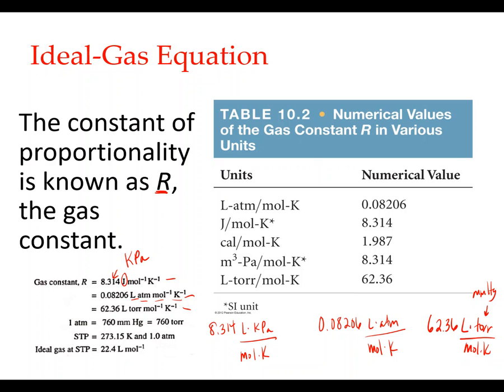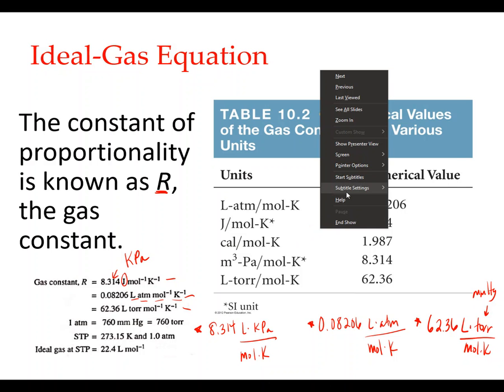Anyone? You have these 3 different R values. They have 3 different numbers: 8.314, 0.08206, 62.36. Yes, the one that differs amongst them is the pressure unit.